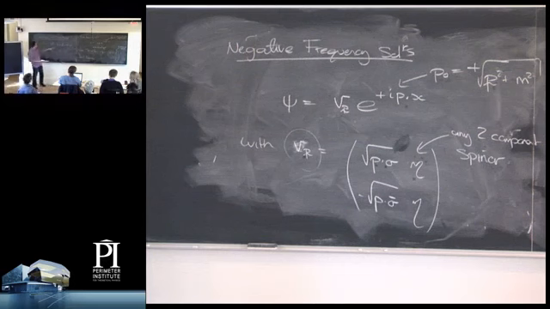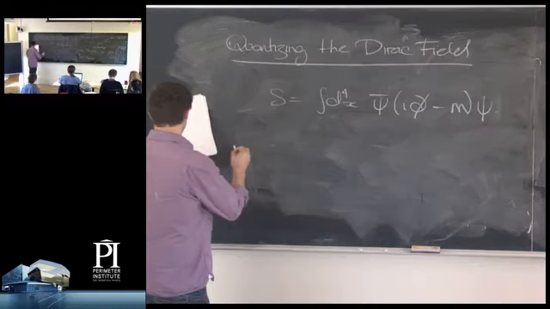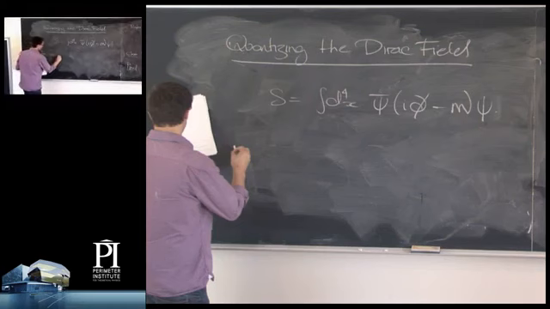The first thing to do is just think of this as a classical theory and figure out what the momentum is that's conjugate to psi. The momentum is defined by the derivative of the Lagrangian with respect to psi dot.